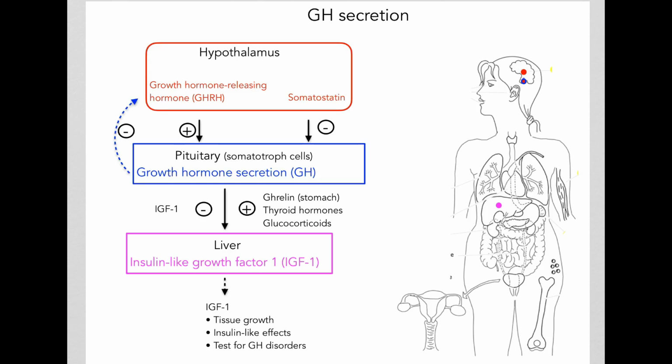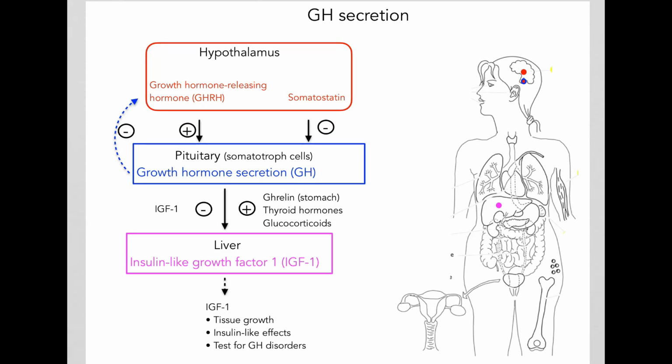The hormone GHRH, or growth hormone releasing hormone, which comes from the hypothalamus, will stimulate the somatotrophs in synthesizing and secreting GH, while the hormone somatostatin, which also comes from the hypothalamus, will inhibit the somatotroph cells from synthesis and secretion of growth hormone.